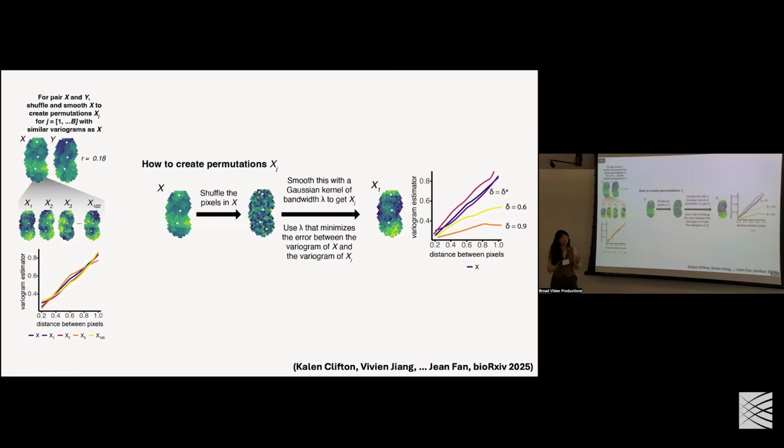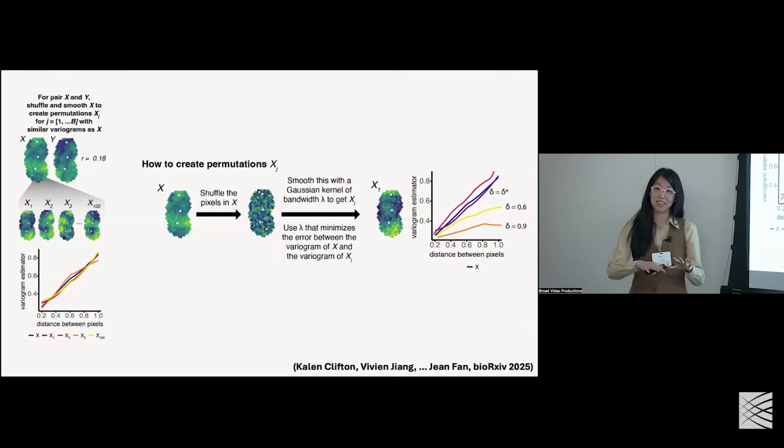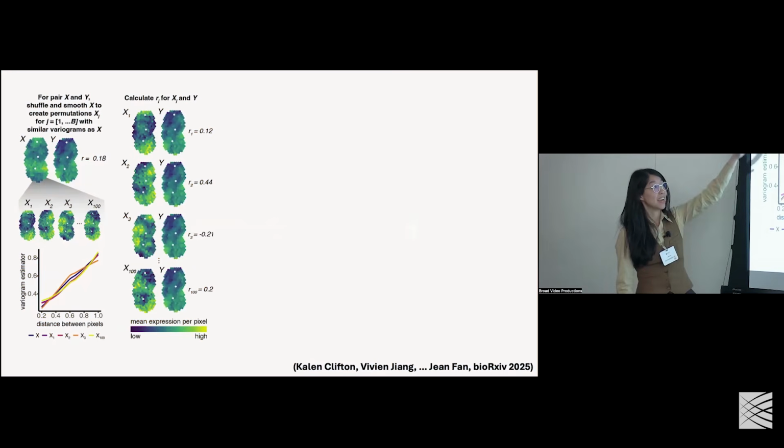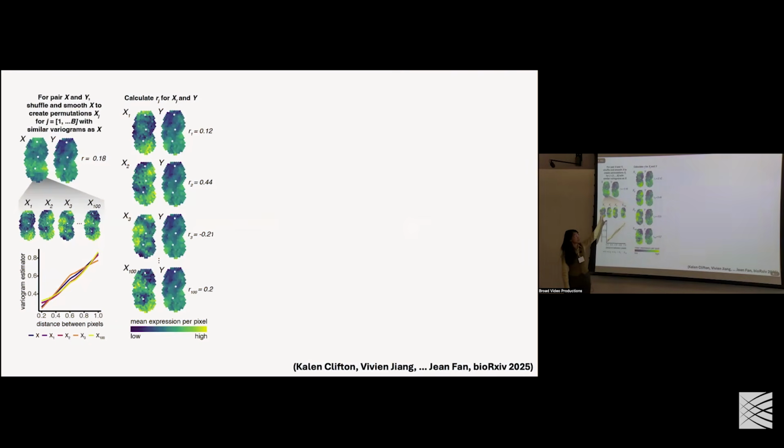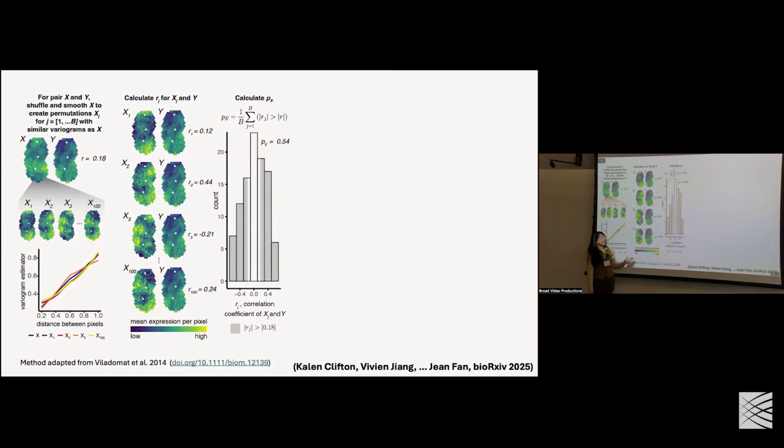So we're permuting, but then we're reintroducing that autocorrelation so that every permutation has the same degree of autocorrelation as the original sample. So this is what we end up getting. Again, for every x, we can permute and come up with hundreds of different permutations, and we will then evaluate each permutation's correlation with y, and that gives us a distribution.